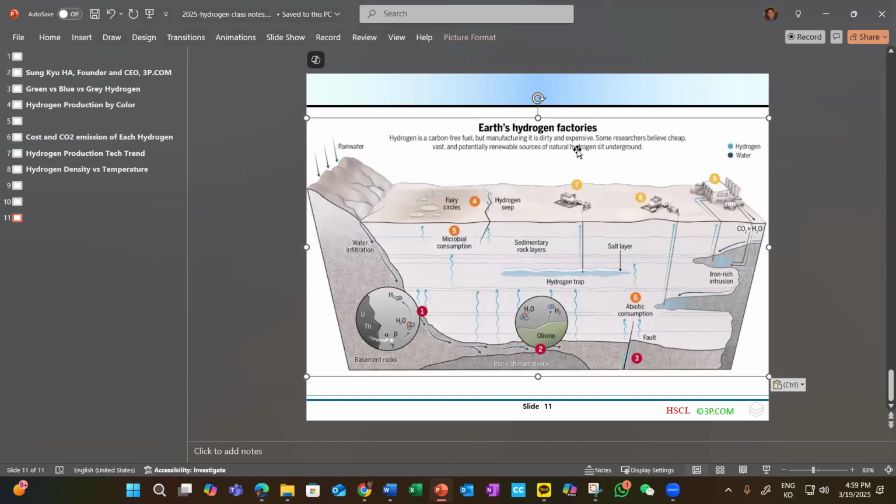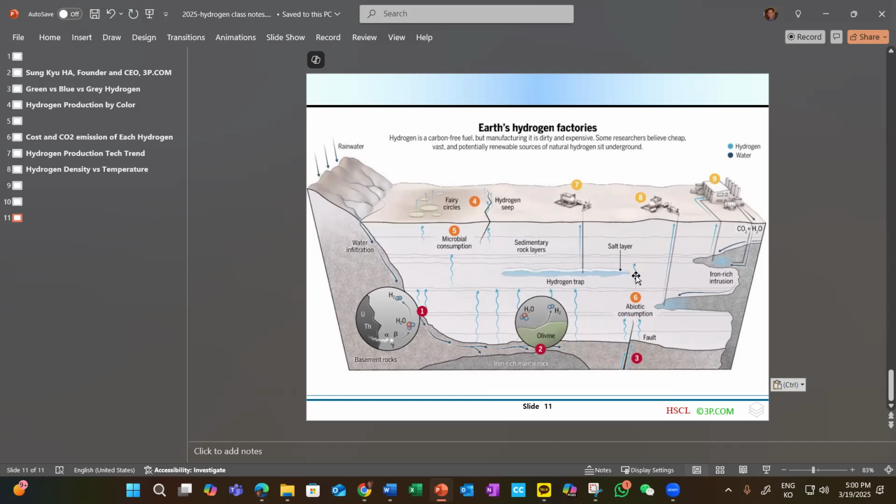The Earth's hydrogen factory, what does it mean? This is the ground level, deep inside the Earth. I don't know exactly how deep, but the point is that H2O is decomposed, and we don't know exactly how this H2 is captured inside the Earth. So all we need to do is just get the hydrogen.